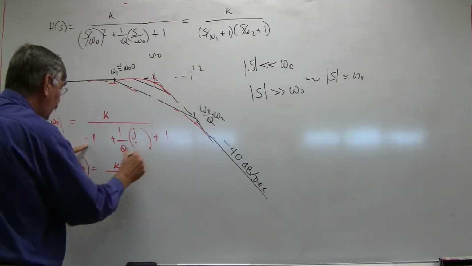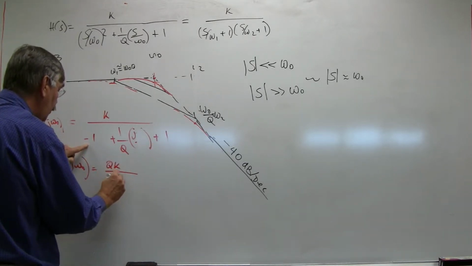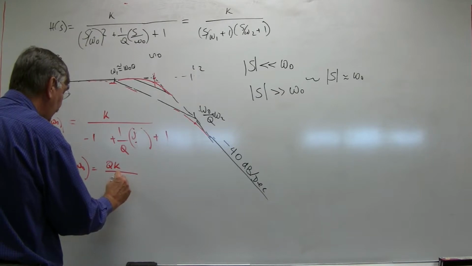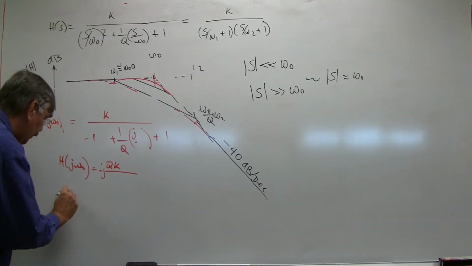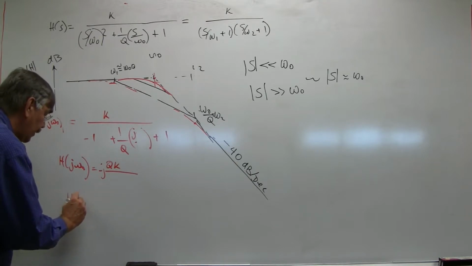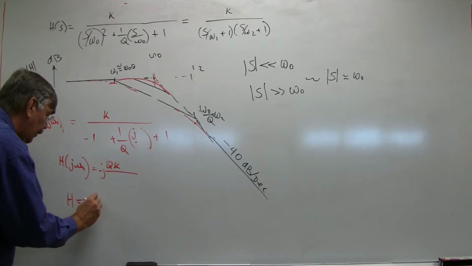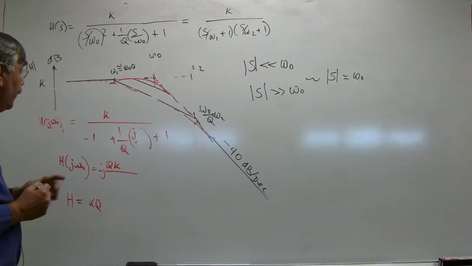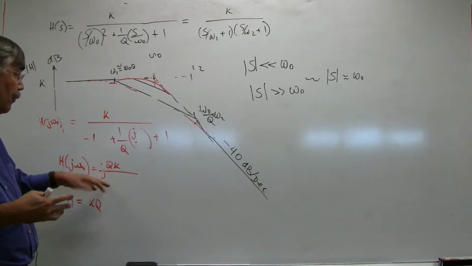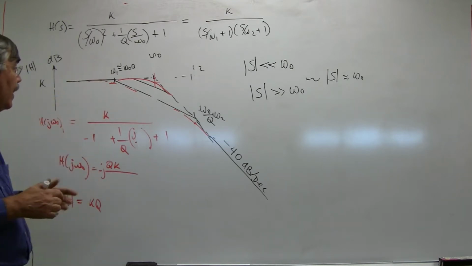These two terms cancel. We get times q, and there is a j in the denominator, or a minus j out front if you want to. Now the magnitude of H at that frequency is equal to just q times whatever k was. Now this doesn't depend on what q is. This is true every time.